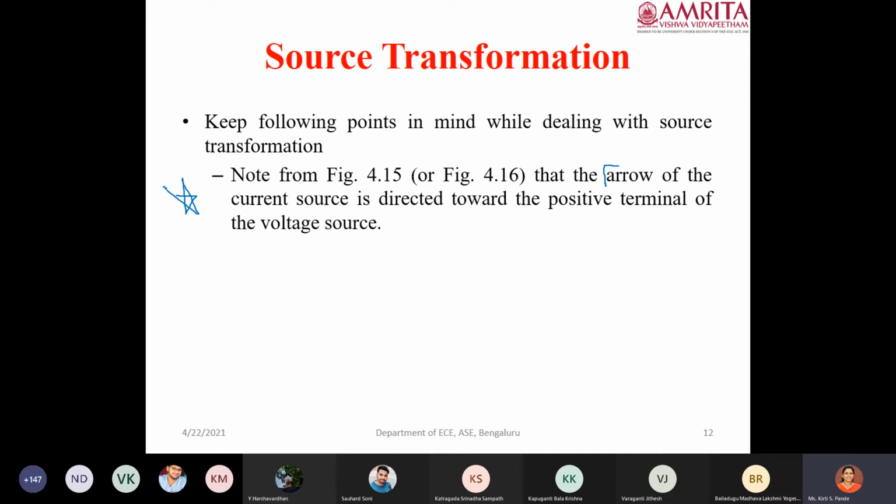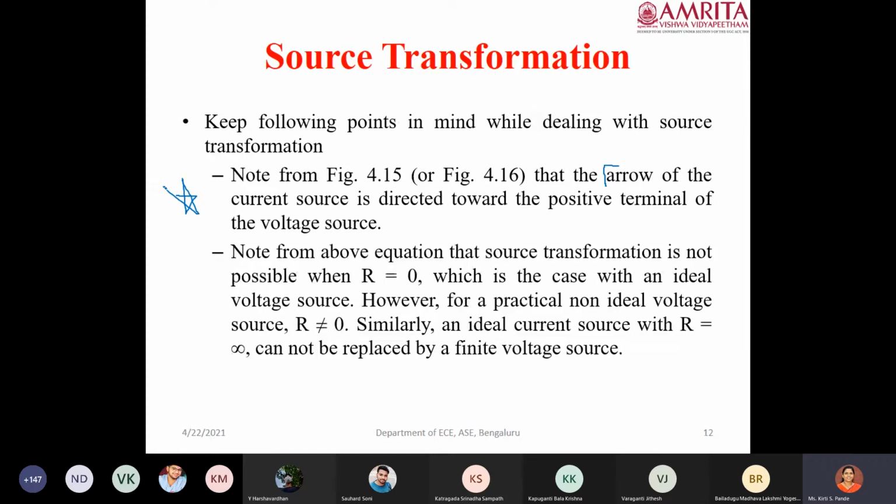Another point which you should keep in mind for the source transformation, someone asked actually that day. One student asked, I don't remember his name. So suppose you have R equal to 0, resistance equal to 0, in series with a voltage source, then source transformation cannot be applied for this.